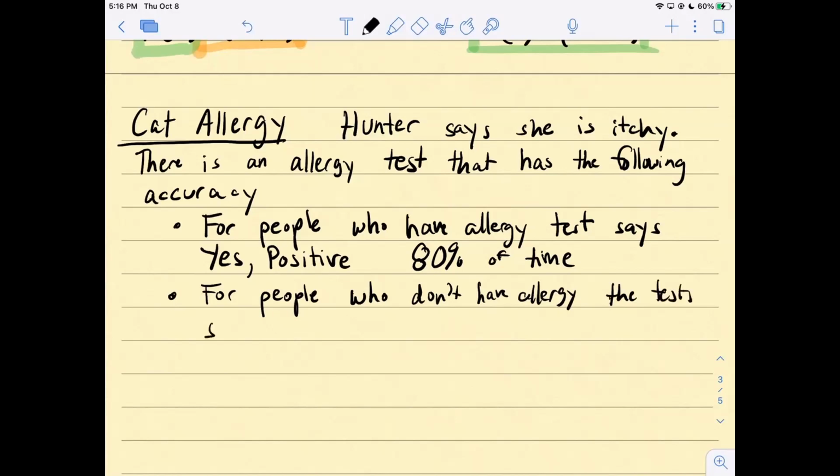It says positive, says plus. Instead of yes, I'll just say positive. It might do it 10% of the time. So there's a chance that it makes a mistake.